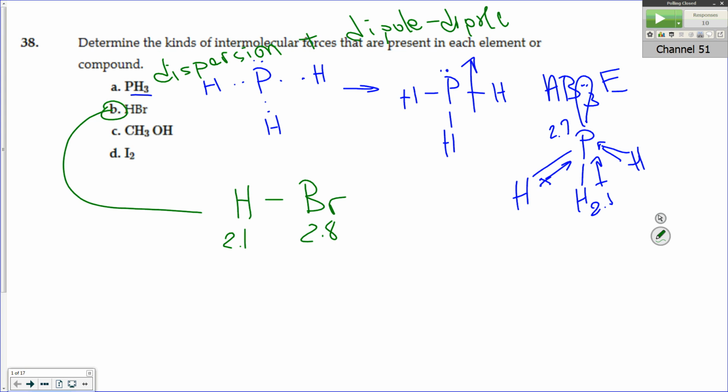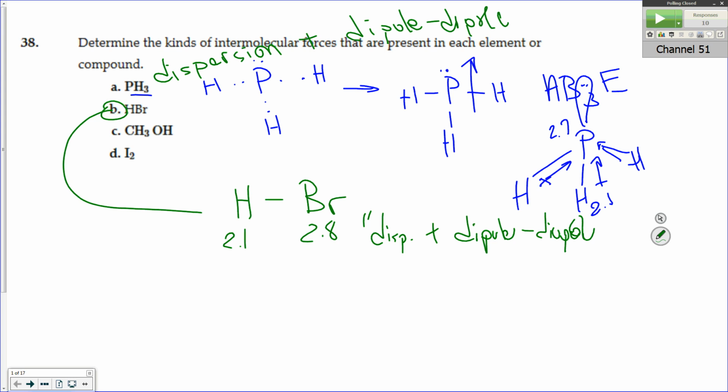It's hydrogen connected to a halogen, but that halogen is not fluorine, so it's not an H bond. It's the same as the last one. So it's dispersion plus dipole. And we do those types of comparisons to see what types of bonds are present in each one compared to what is geometry.